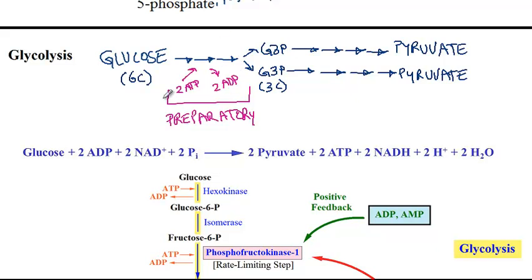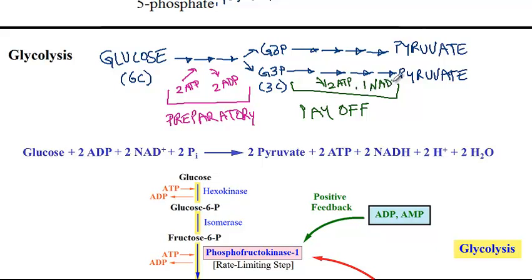And so it's consuming energy in order to get the reaction going. And then in the second phase of the reaction, which is called the payoff phase, each molecule of glyceraldehyde triphosphate will give 2 ATP and 1 NADH. So here we will also have 2 ATP and 1 NADH.